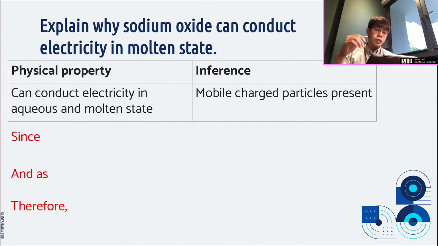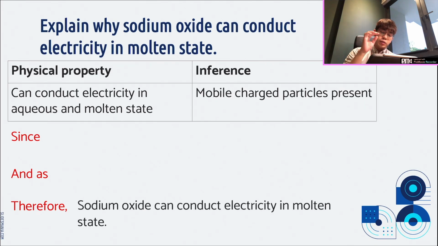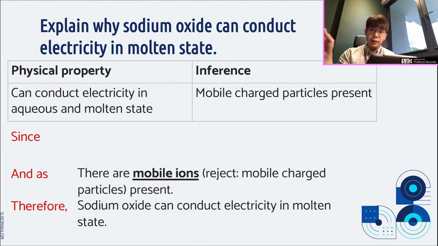The next explanation: explain why sodium oxide, which is also an ionic compound, can conduct electricity in molten state. What we're explaining, we write in the therefore. So therefore, sodium oxide can conduct electricity in molten state. When something can conduct electricity, it means that there are mobile particles. However, we need to be specific.